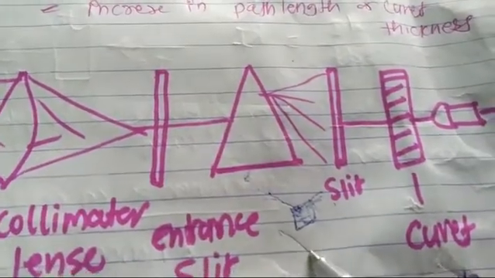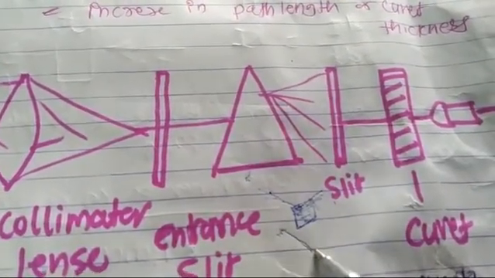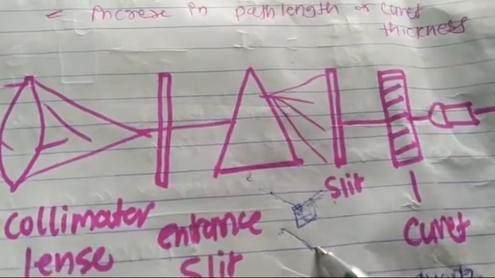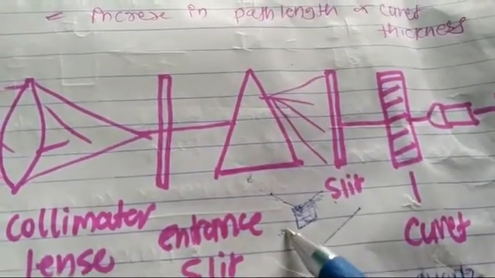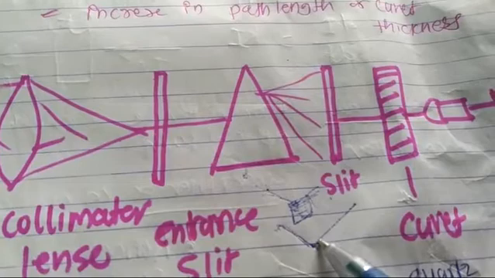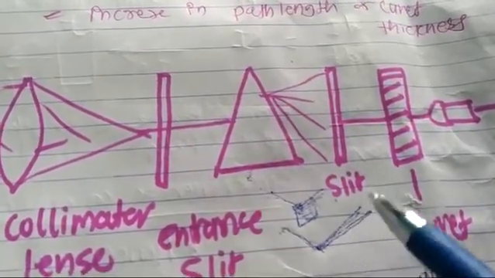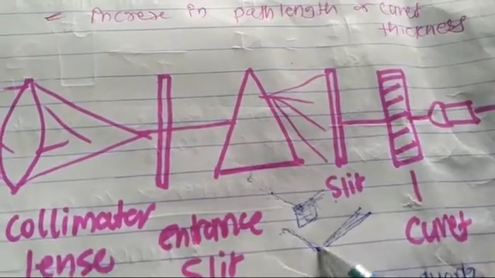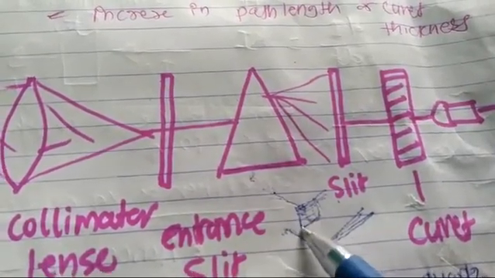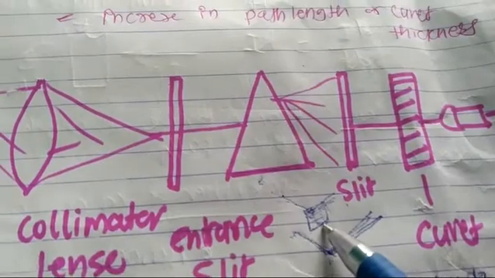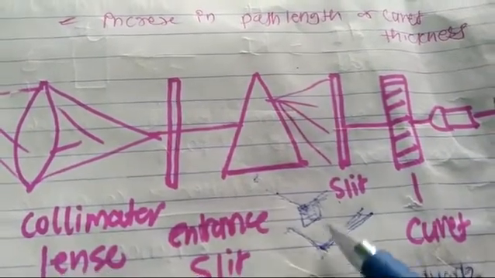So when light comes to this grating, it is refracted. If one line comes, many similar wavelength lines are refracted, so we get many lines from one line.